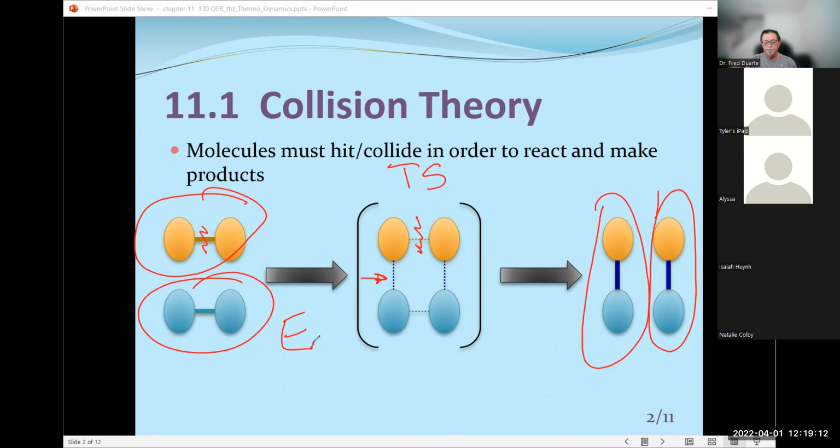Hence, that energy has the subscript ACT, which is described as the activation energy, necessary for the reactants to go from reactant to product via the transition state. It's a very specific amount. If we don't have that specific amount of energy, we won't get across this hill.